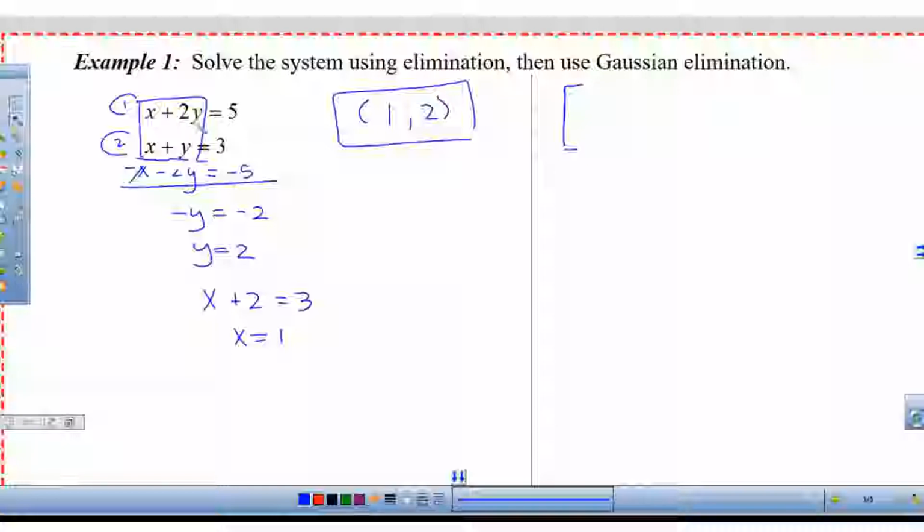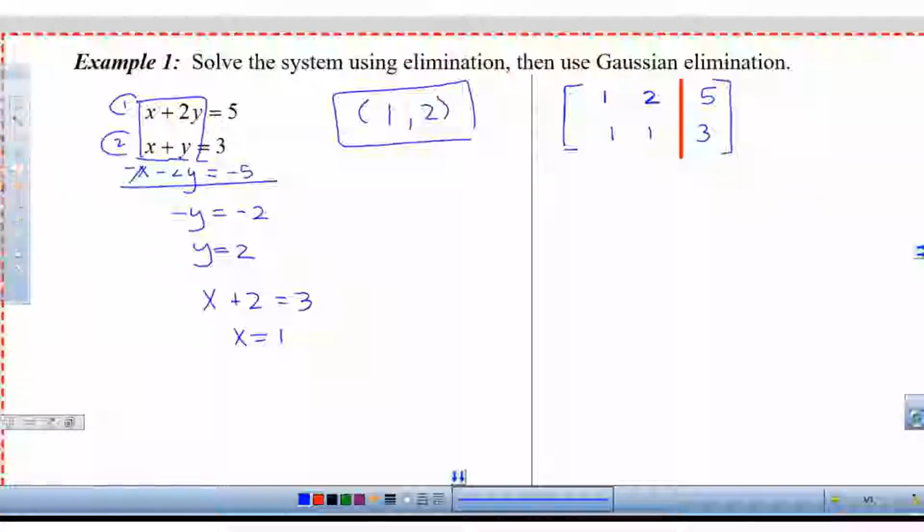So you just put them in. It's 1, 2, and then underneath is 1, 1. Then the equal sign is a solid line, and on the right hand side you put a 5 and then a 3, and then close your matrix off.